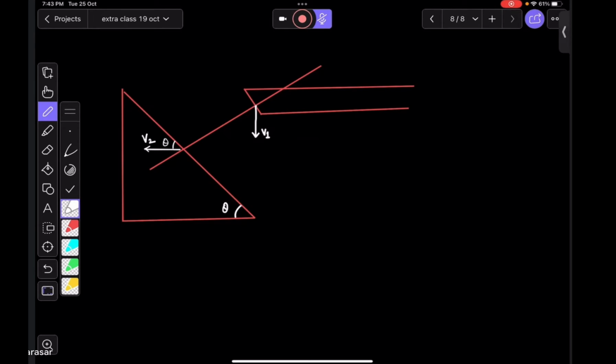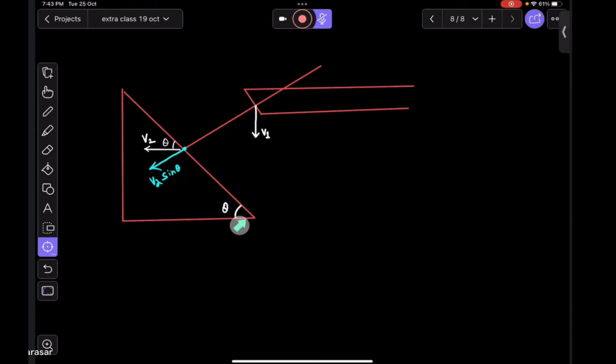So the component of our v2 along the common normal, what is that? That is going to be v2 sine theta. And that is the velocity of the point on the surface of the wedge in contact with the rod, correct? Now check the angle. Sometimes making triangles may become difficult.